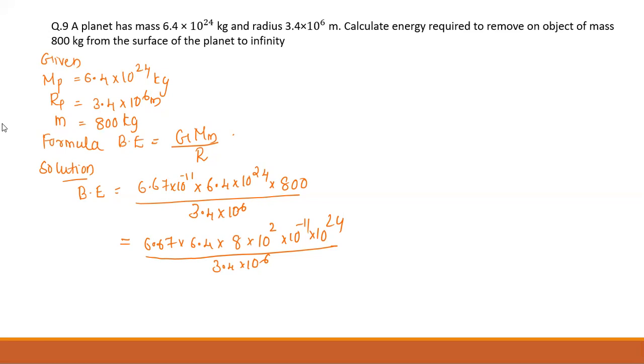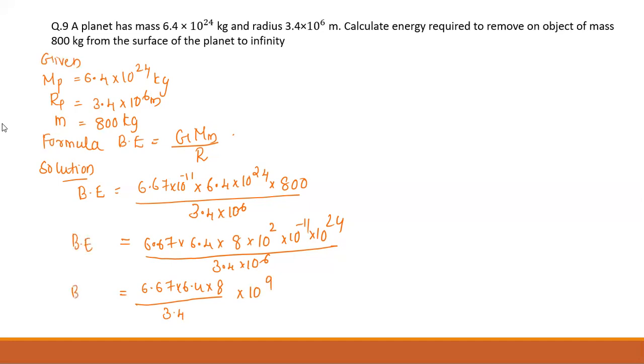After solving the power of 10, we will get 10 raised to 9. That is equal to 6.67 into 6.4 into 8 upon 3.4 into 10 raised to 9 will come. This is the binding energy.